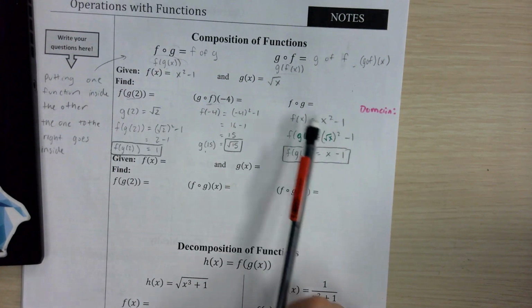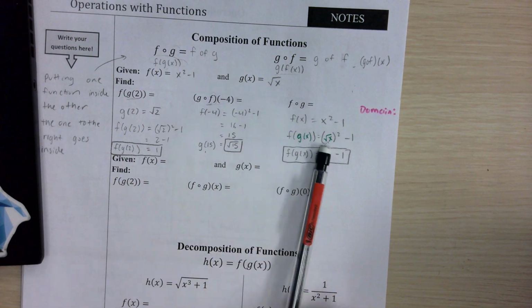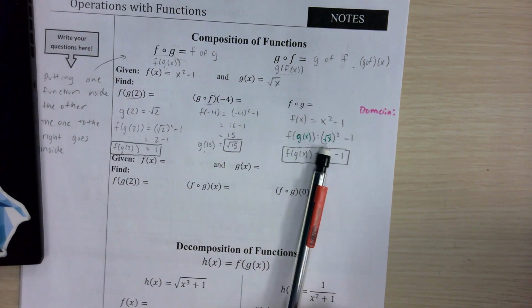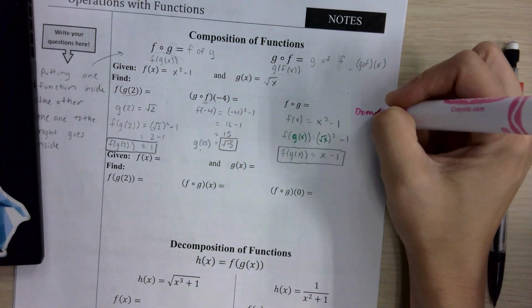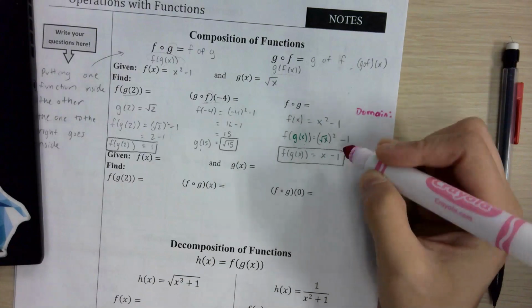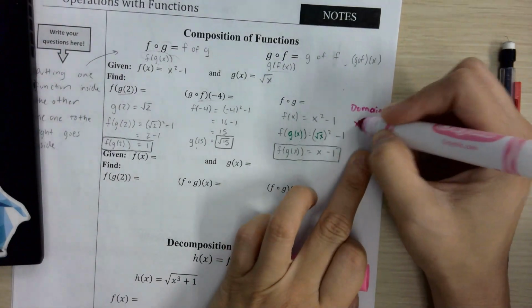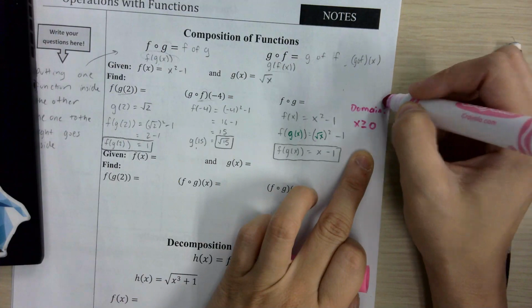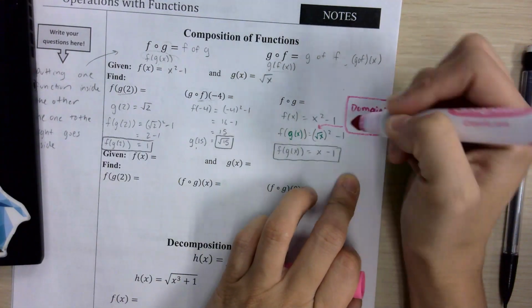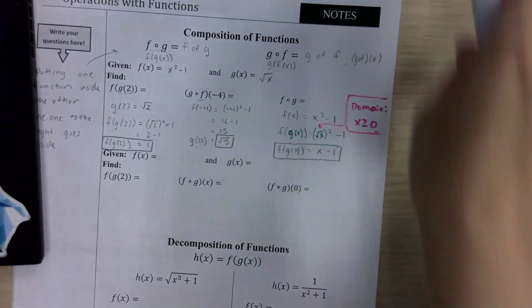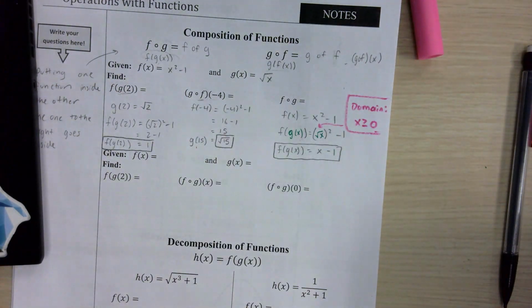But when we look into the composition of what made it up, like this g of x, we have a square root, and we can't have a negative square root. So we always want to think about where our values are allowed to be. In this specific equation, our domain is x is greater than or equal to 0 because of this part right here. We're not allowed to have negative square roots. So that's our domain. Because if I remember correctly, negative square roots are imaginary numbers, no? Correct, yeah.